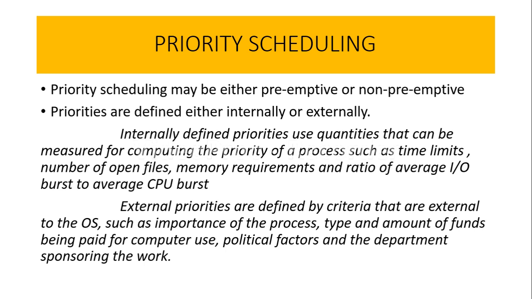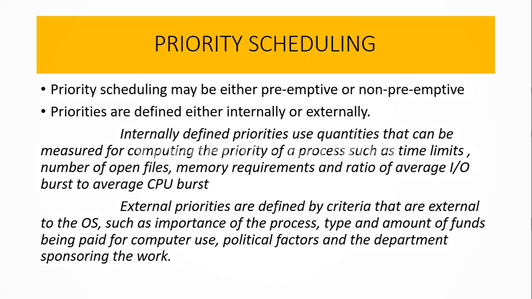External priorities are things like the amount of funds being paid, political factors, and so on. So this is about the different types of priorities and how we decide whether one is internal or external.